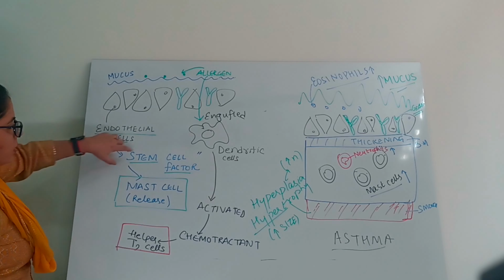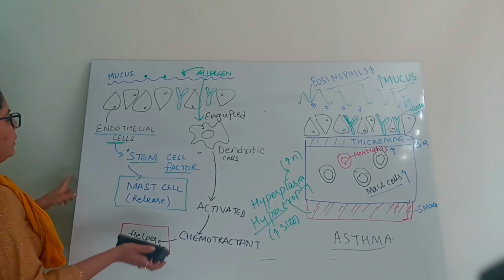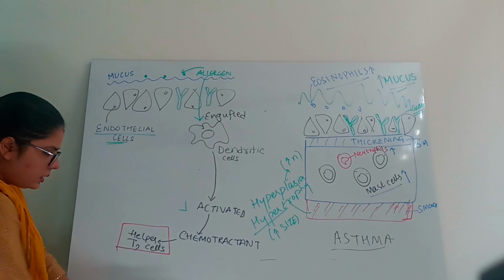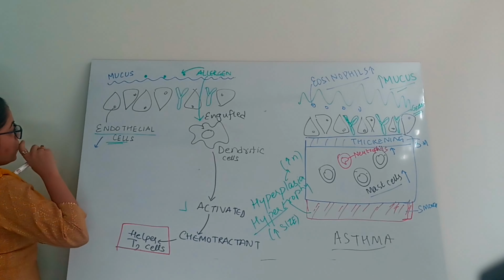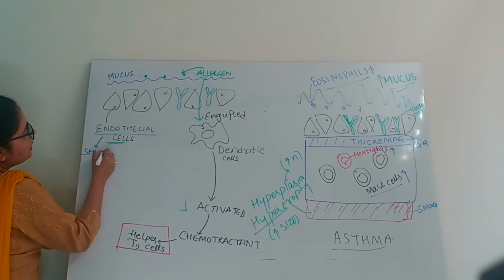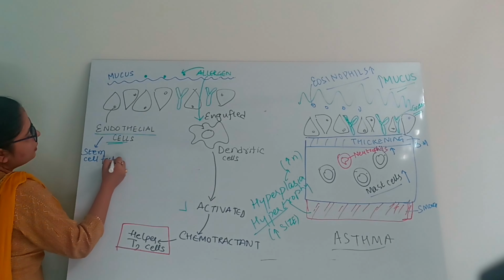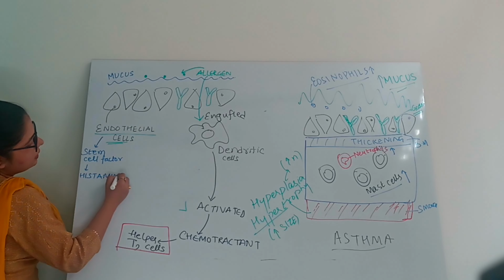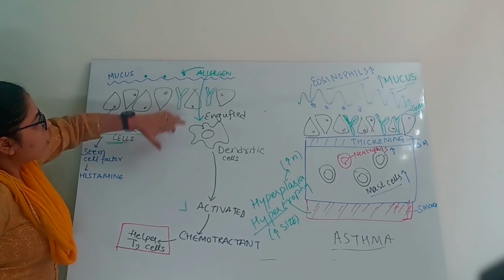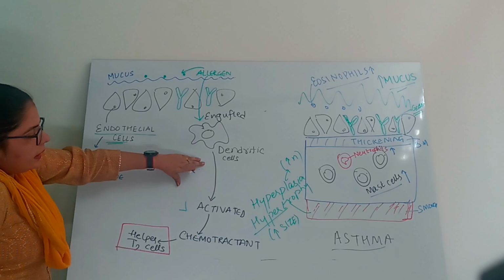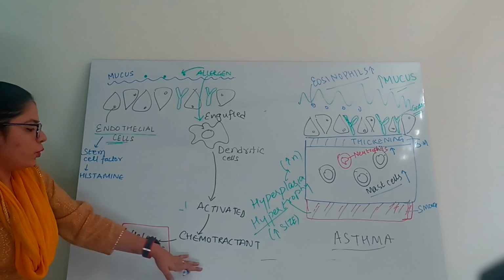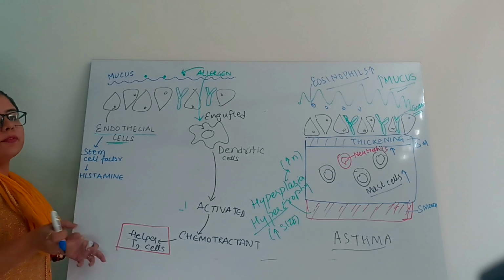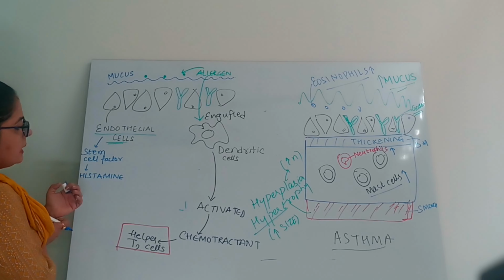So I'll just rub this off and rewrite it here. Stem cell factor and the histamine release. You do have an idea about this, that endothelial cells are responsible for the release of stem cell factor, which will release the histamine. The allergen is first engulfed by the dendritic cells, which are activated and act as a chemoattractant to trigger the release of helper T cells at the site, which is the lungs, the bronchioles, whatever the place is.